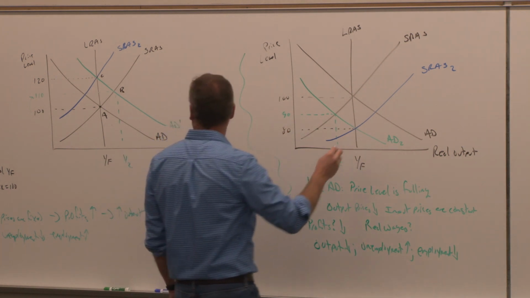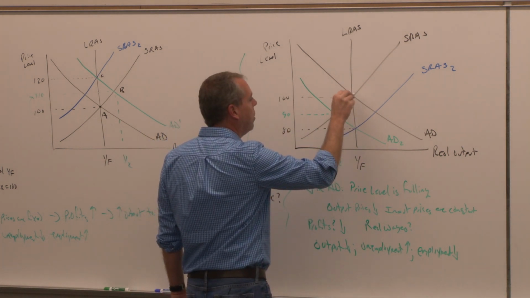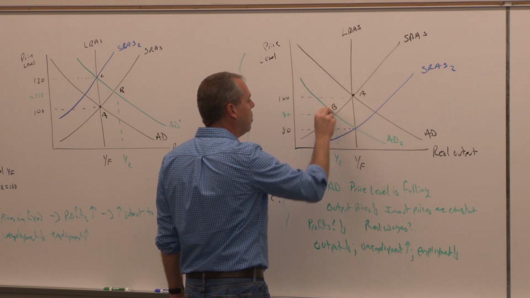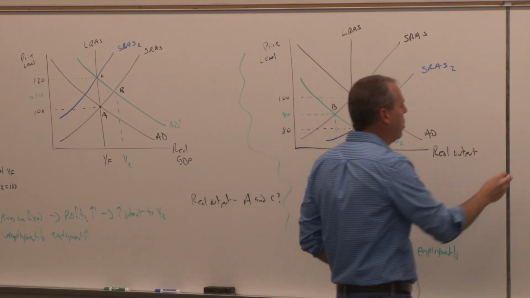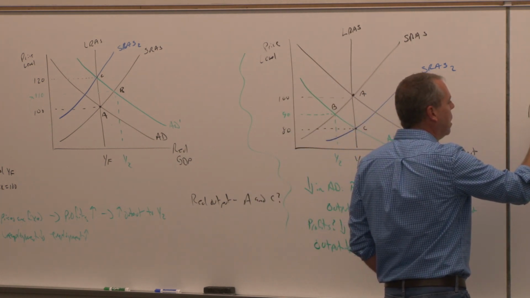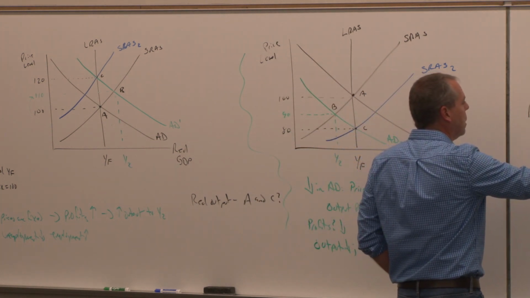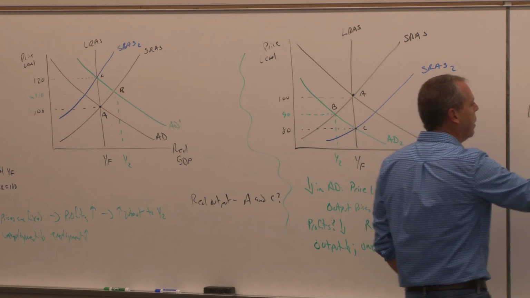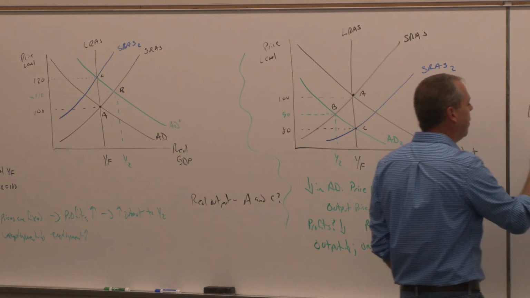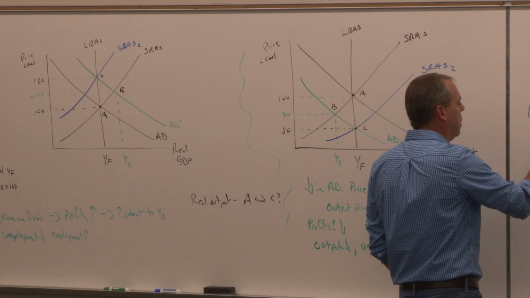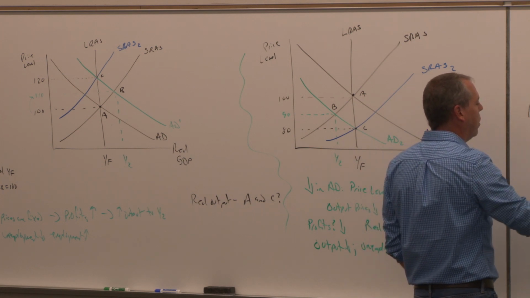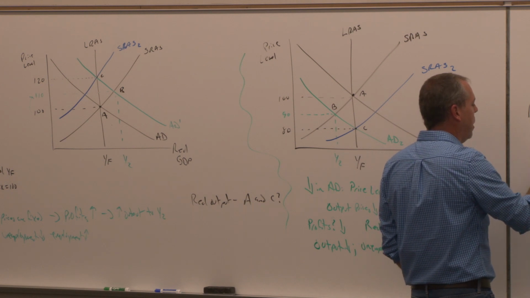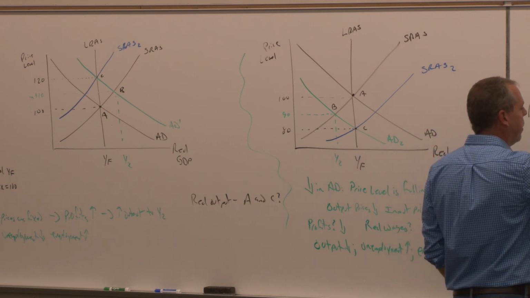And so we kind of go once again from point A to B to C. So we return to C here, at this full employment level of output. Unemployment falls to this natural rate of unemployment.